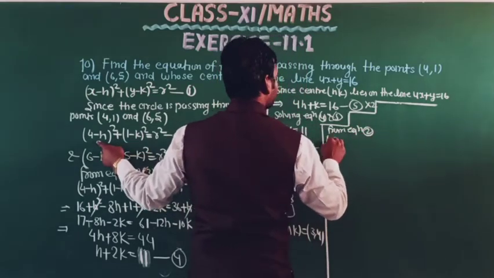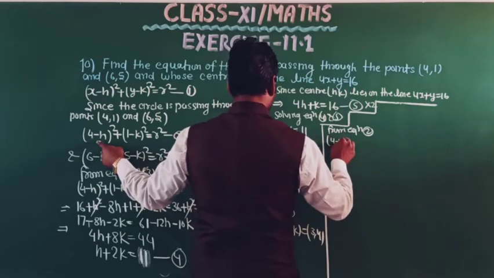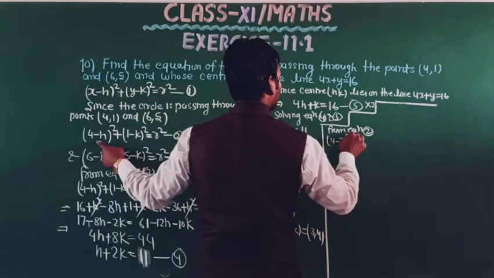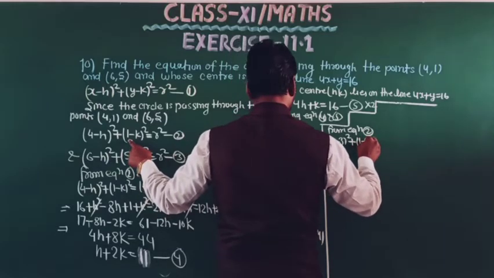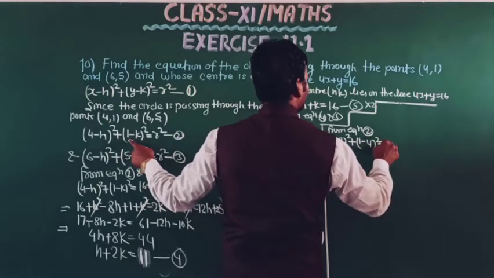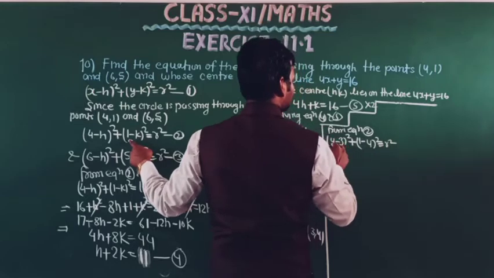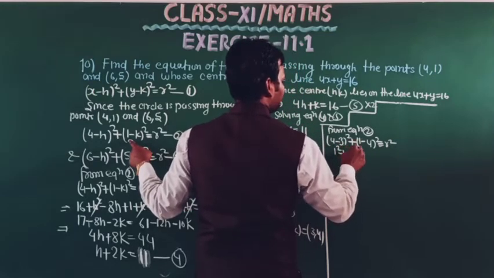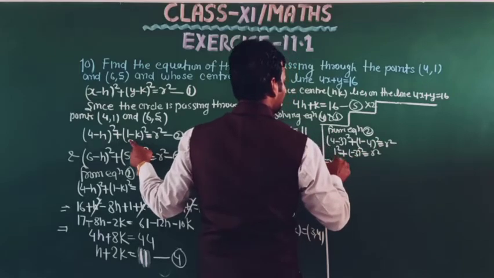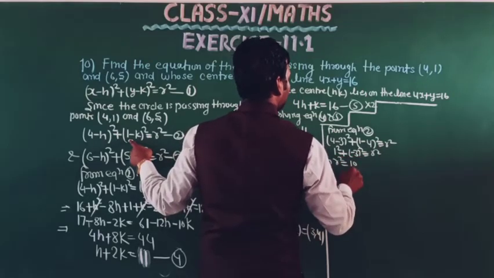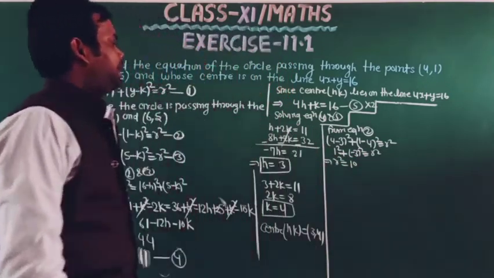So this is 1² + (-3)² = r², and the value of r² we will get is 10.